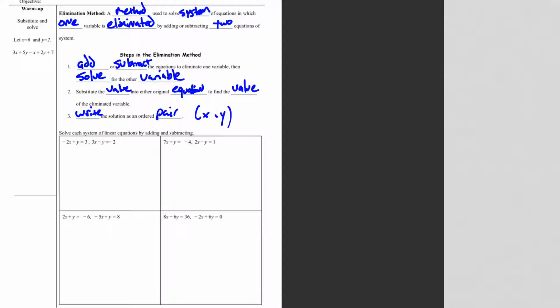So let's take a look at some examples. This first example is this problem right here. We have negative 2x plus y is equal to 3, and then we also have 3x minus y is equal to negative 2.